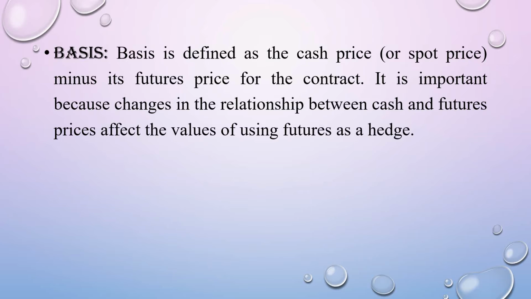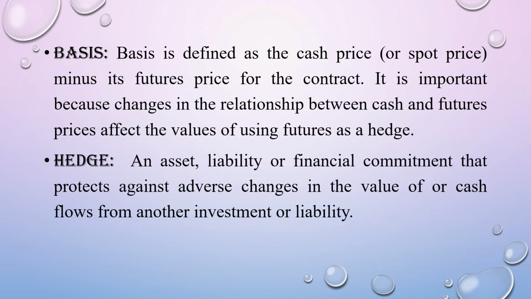It is important because changes in the relationship between cash and futures prices affect the value of using futures as a hedge. So basis is a difference between a cash price and a futures price. That is one important point for basis. The difference is treated as basis.